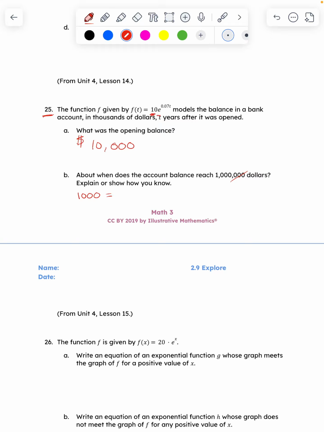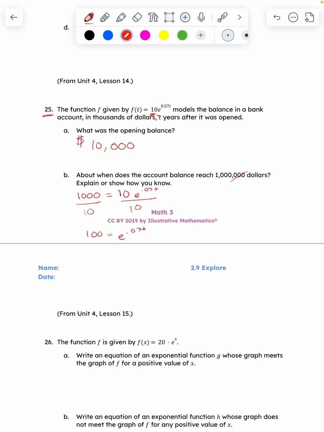And my function is 10 times e to the 0.07t. That's a 7% growth rate, which is not too shabby for an account. Divide both sides by 10, because I'm solving for that t. And I can see I have 100 equals e to the 0.07t.